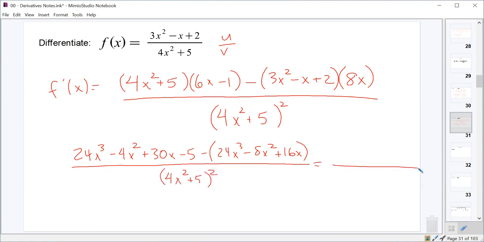And that ought to simplify down. In the end, the denominator will stay the same. The 24x cubed minus the 24x cubed will cancel. Negative 4x squared minus negative 8x squared. That's like negative 4 plus 8x squared, so that'll be 4x squared. And then 30x minus 16x ought to be 14x, and then we have minus 5.